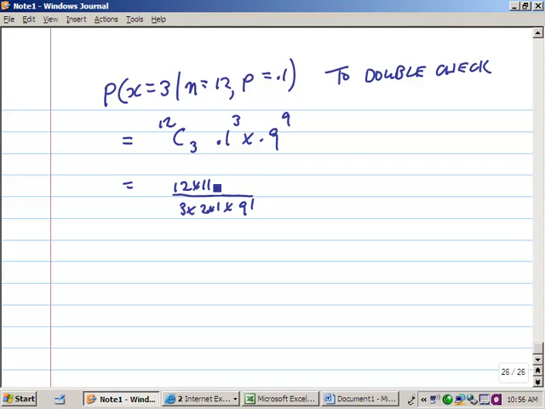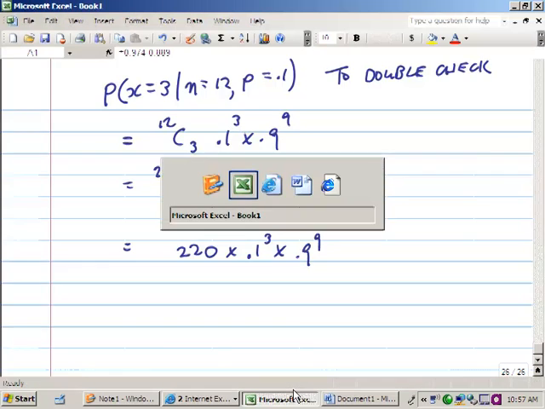So on the top we go 12 times 11 times 10 times 9 factorial, so the 9 factorials cancel. 3 goes into 12, 4, and 2 goes into the 4, 2, so we're left with 2 by 11 by 10, which is, by my calculations, just off the top of my head, 220 times the rest, right, 0.1 to the third times 0.9 to the ninth.